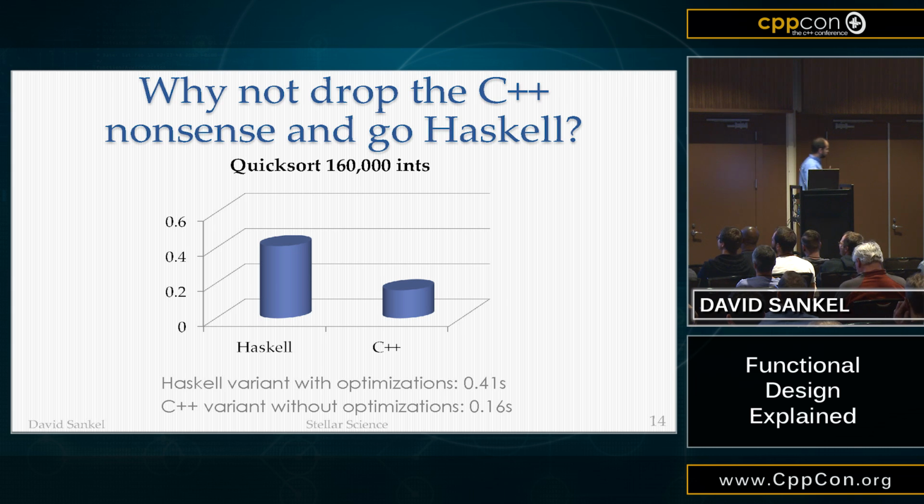Now, some people who are really good at Haskell will say, you can tweak that, you can make it on par with C++. And I'd agree, you probably can. But what it ends up looking like is your program starts to look more and more like an imperative programming language. And you're defeating the purpose of Haskell in the first place, right? If you want to program in math, program in math. If you want to program something efficiently, you're going to have to know a little bit about the machine that you're working on and program that way.